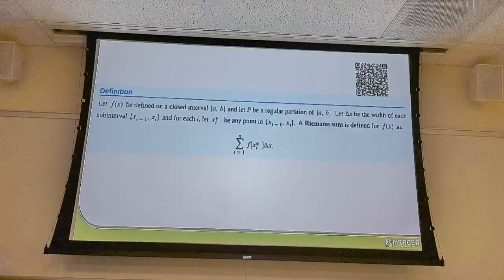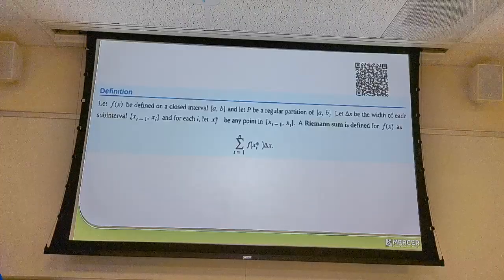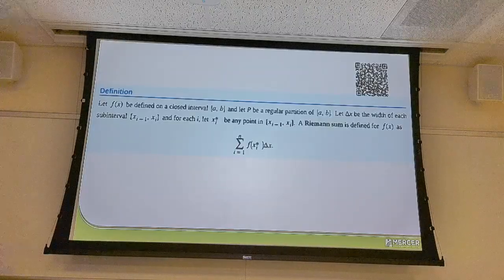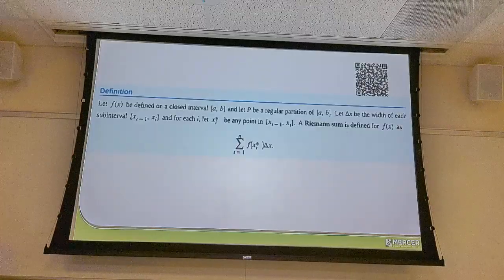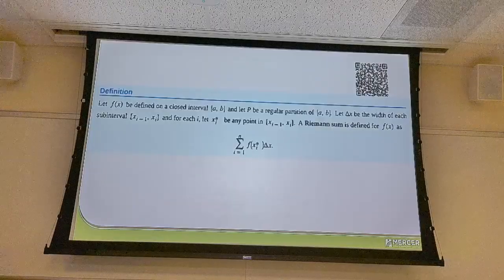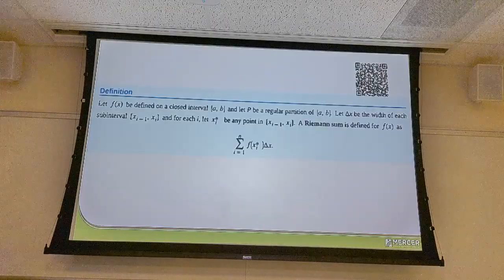Let delta x be the width of each subinterval. And for each i, let x sub i star be any point in the subinterval [x sub i minus 1, x sub i]. Then, any sum of that form is called a Riemann sum.